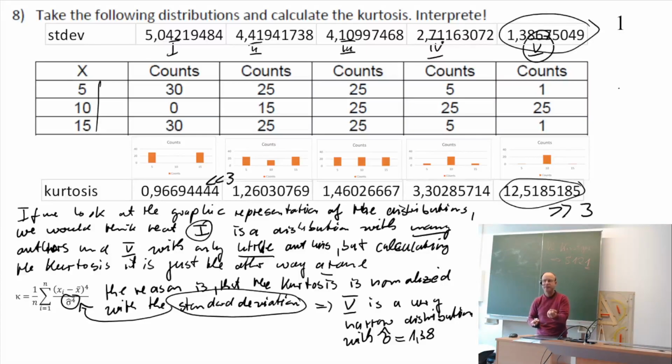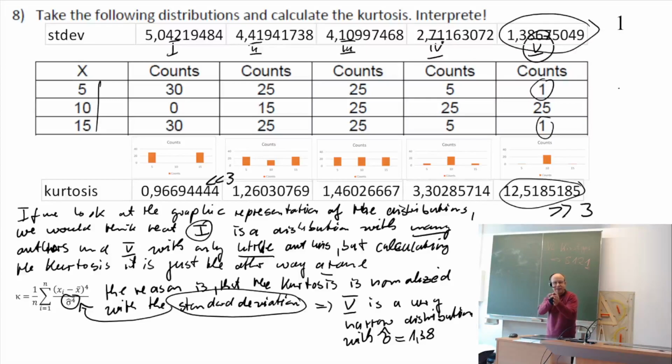So, here we are distributed from 5 over 10 to 15. And one standard deviation is only 10 plus minus 1.3. So although we have only one outlier at 5 and one outlier at 15, compared to the mean of 10, this has a distance of more than 3 times the standard deviation.